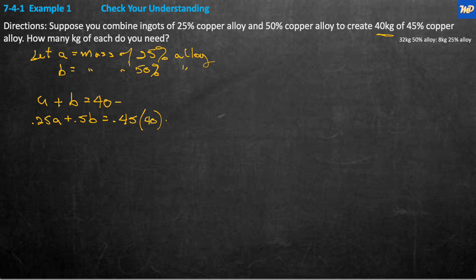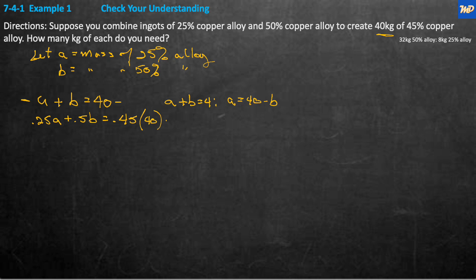We're going to take a step where we solve for one of these variables here. Let's solve for A. So A plus B is equal to 40. So therefore, A is equal to 40 minus B. You with me? Okay.